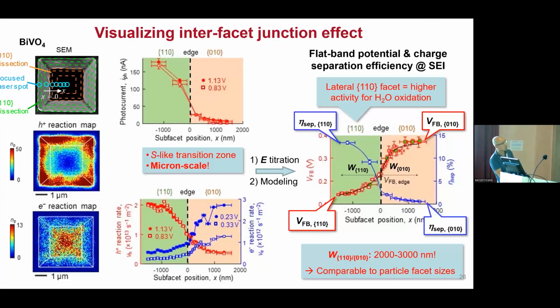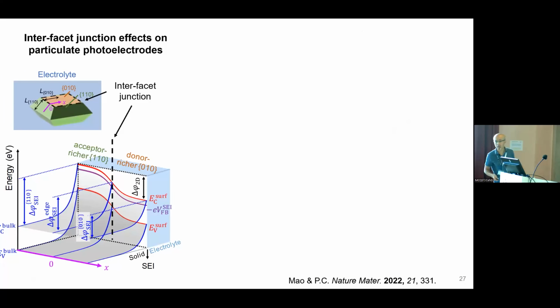So this is the picture that emerged from the quantitative measurements. You go from one facet to another. The two facets have different energies, but they meet at an inter-facet junction, and this junction behaves like a two-dimensional junction that gives you a wide transition zone.